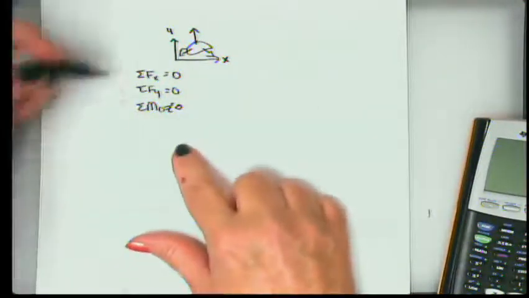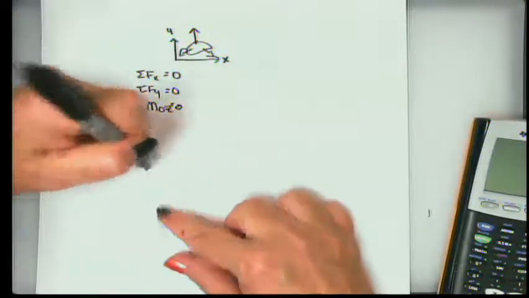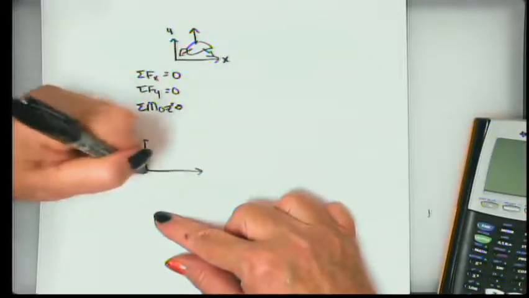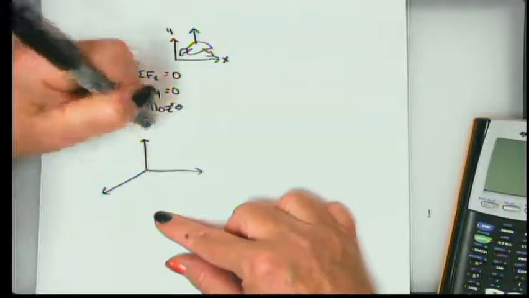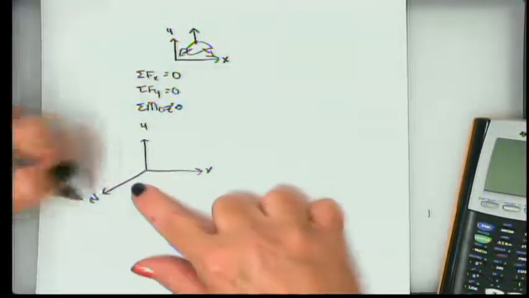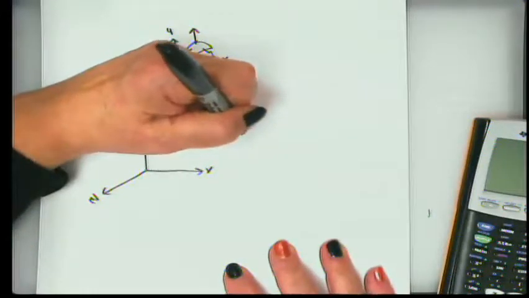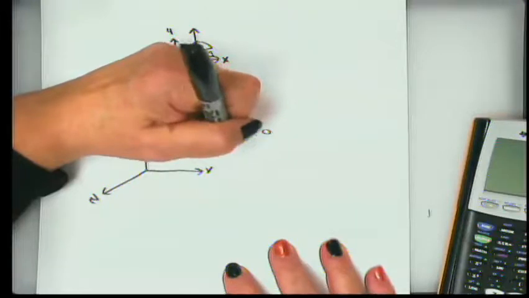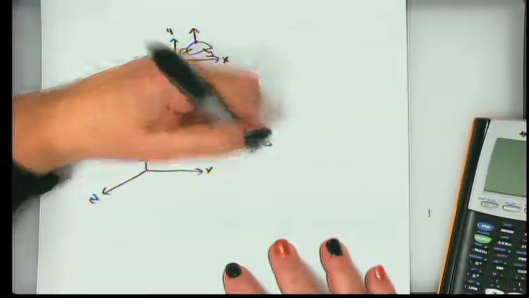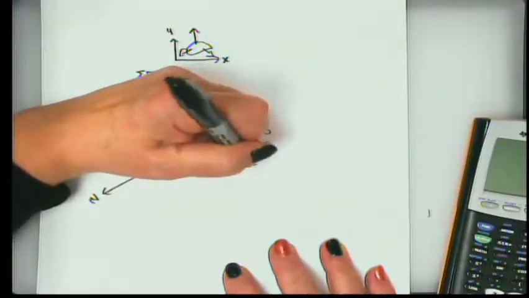All right, now if we're in 3 dimensions instead of 2 dimensions, in other words, if we have Y, X, and Z, where Z is, this is stylized, showing it coming out of the board, we're going to have 3 vector force equations that have to be equal to 0.